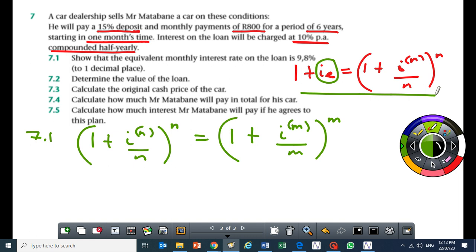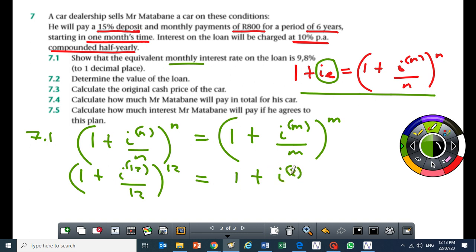So if I want to calculate, let's say if this n here is my 12, it means this m here I have to put 2 there. So I'm going to say 1 plus i_12 over 12 raised to the power of 12, that's equal to 1 plus i_2 over 2, okay, that i_2 there is given.